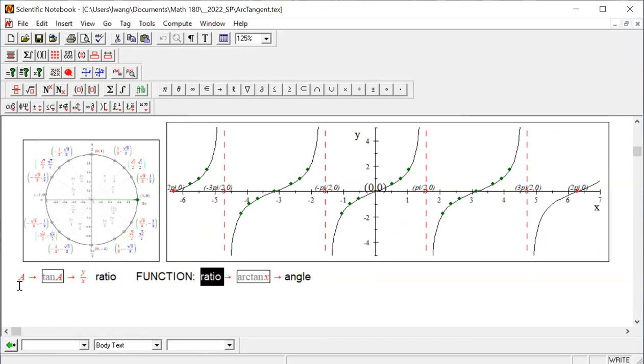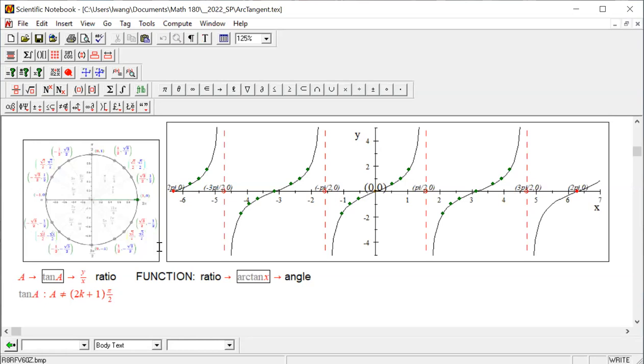We know that for tangent, the domain is, the angle cannot be odd number multiples of pi over 2, that is (2k plus 1) pi over 2. We cannot have odd number multiples of pi over 2.